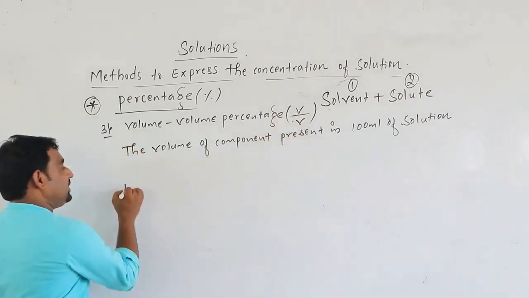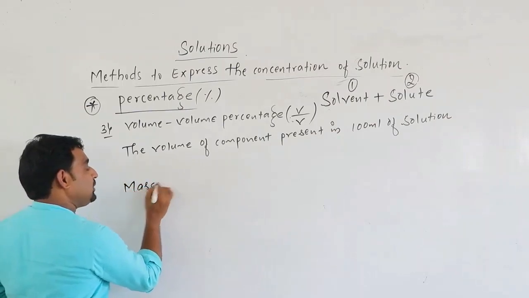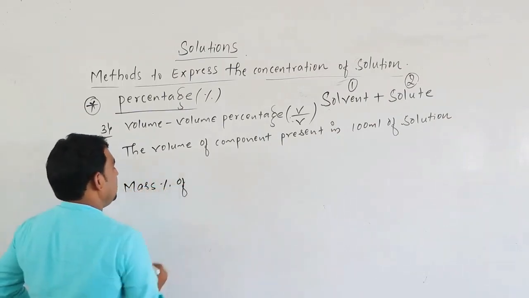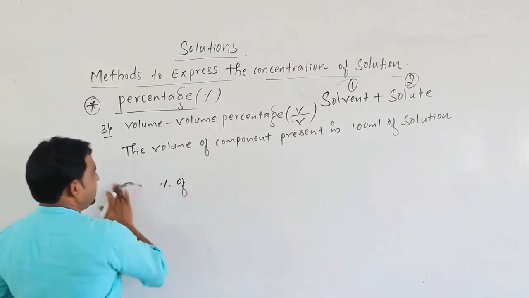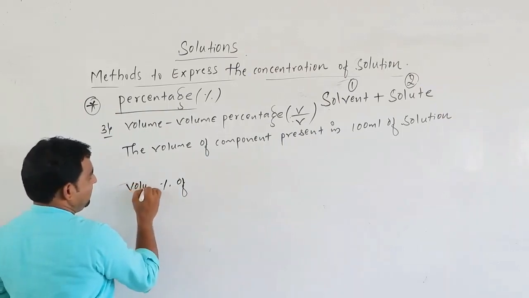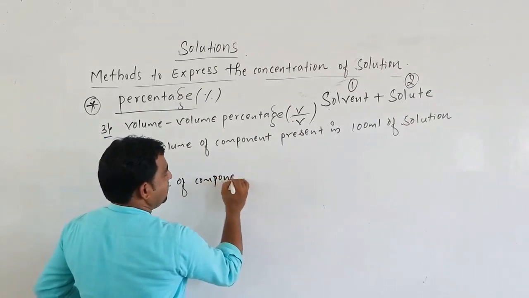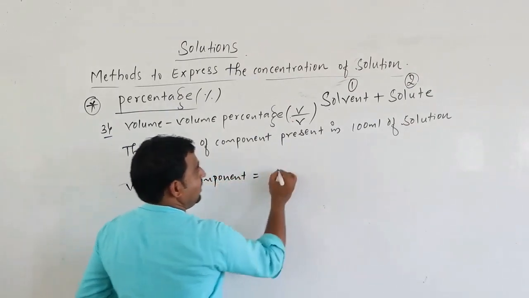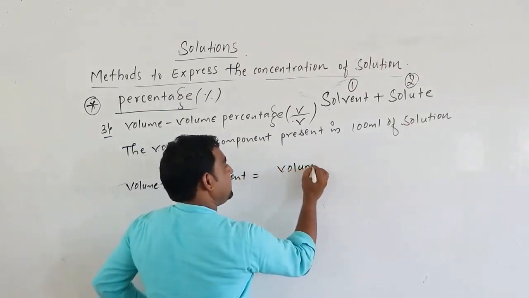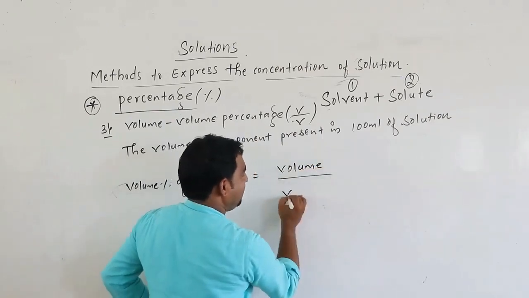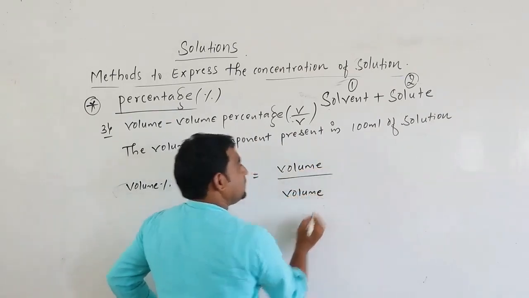So how to calculate the percentage of this one? Volume percentage of component is equal to, on both sides we have to write the volume divided by volume. So volume of what?